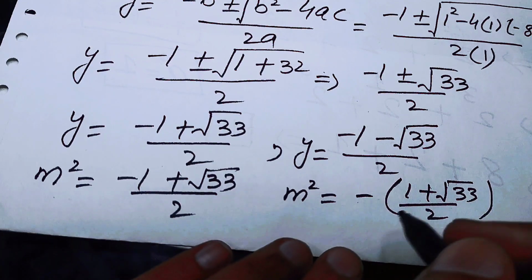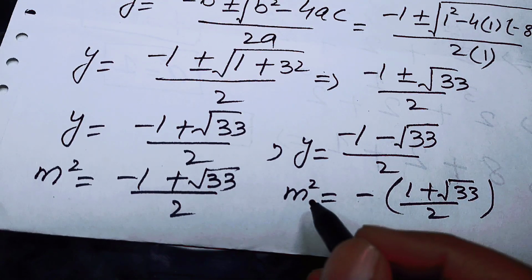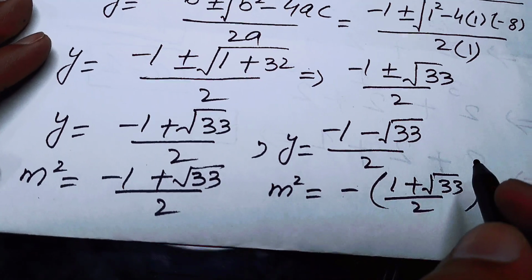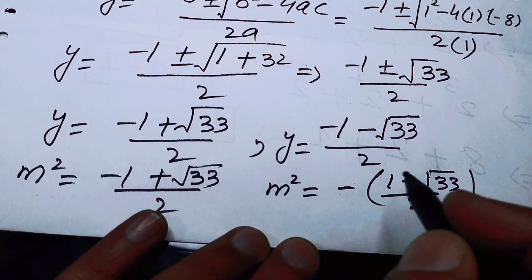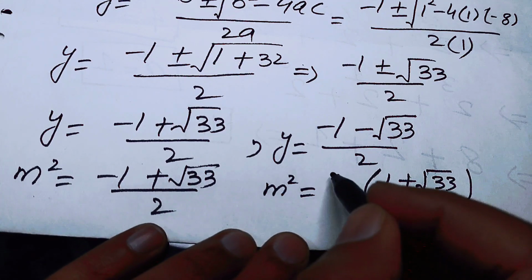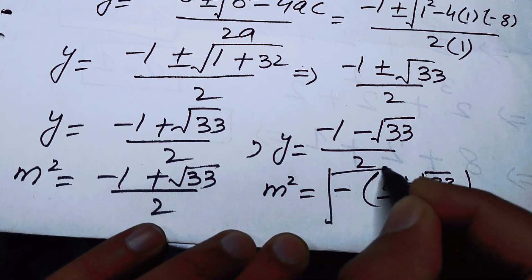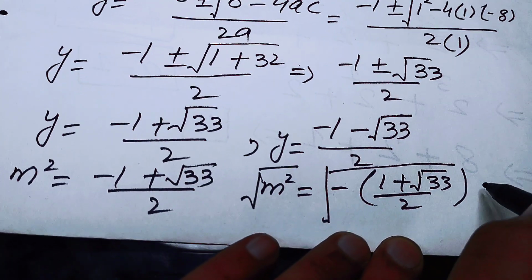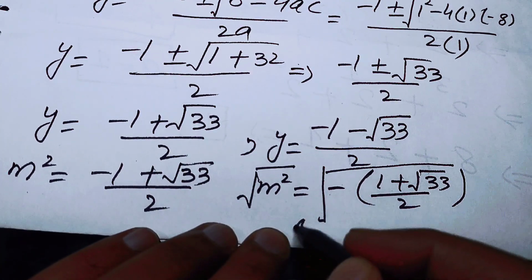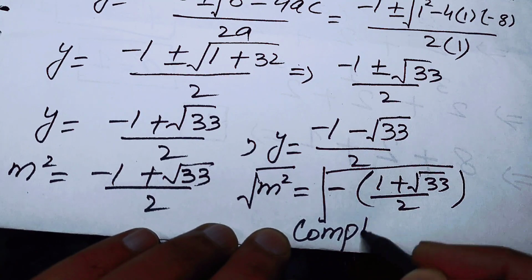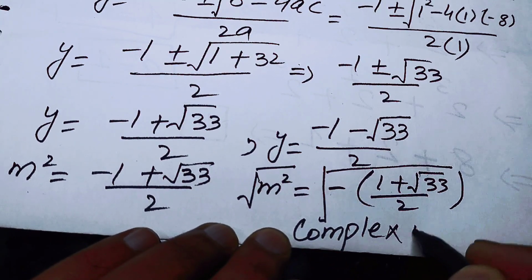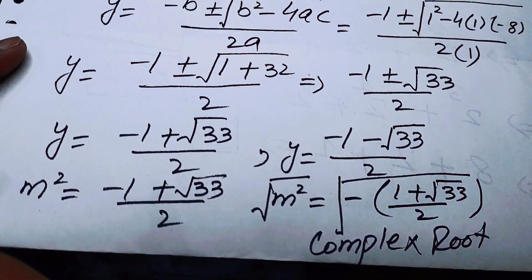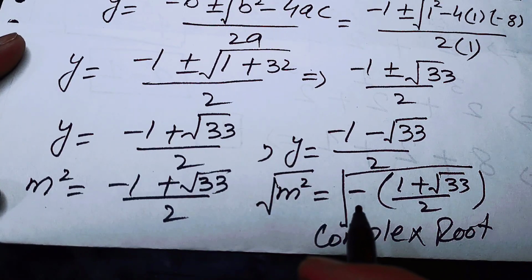In order to find the value of m, we take the square root on both sides. When we take the square root on both sides, the second term becomes complex, and you can see in the question statement that we solve this problem only for real roots.